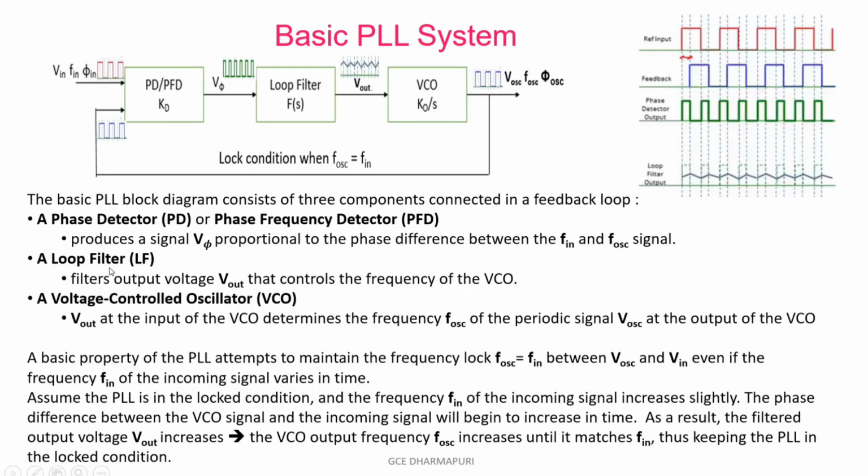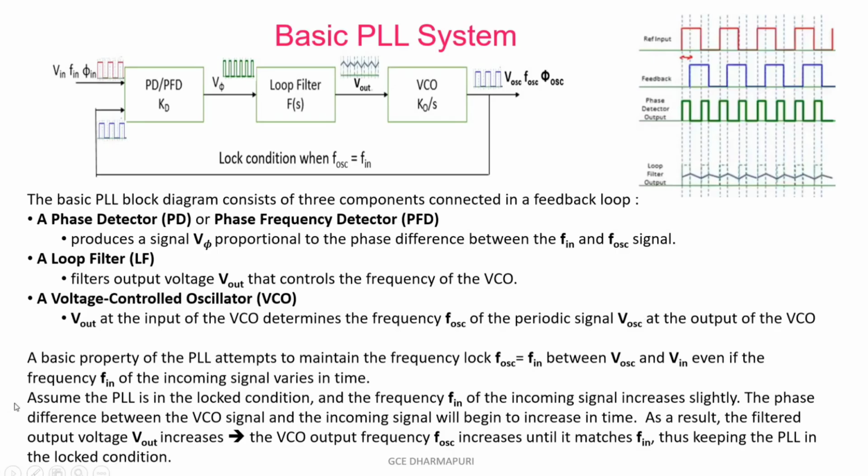The loop filter produces an output voltage Vout, which we use to control the frequency of the VCO. VCO means voltage controlled oscillator. So the Vout at the input of the VCO determines the frequency of oscillation, that is FOSC, of the periodic signal VOSC at the output of the VCO.